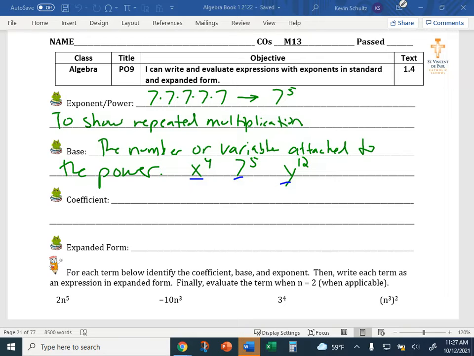We also have coefficients. We've talked about coefficients in the last unit, and we said they're the number that comes before the variable. Okay, it kind of tells us how many of the variable we have. In this case, the coefficient is a number that comes before the base.